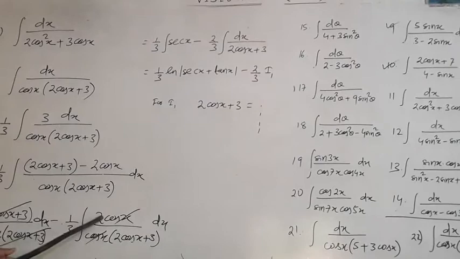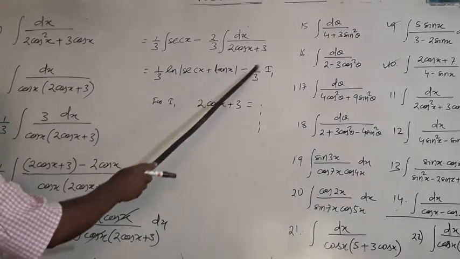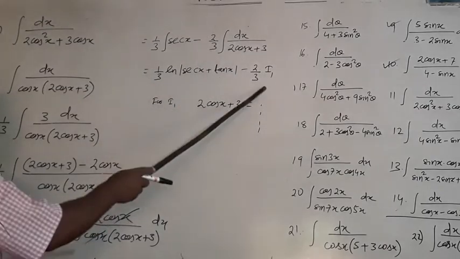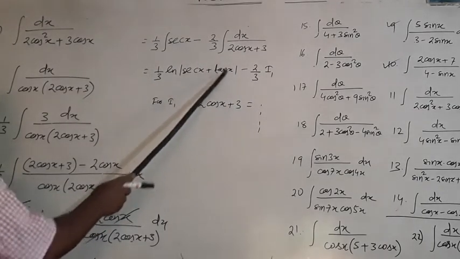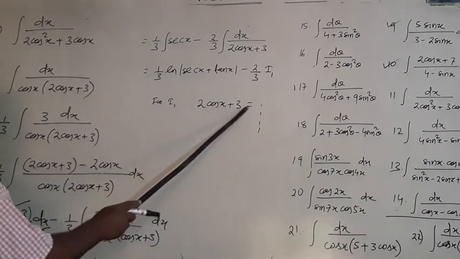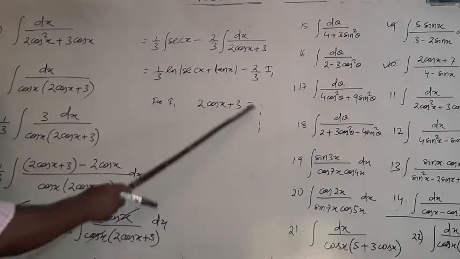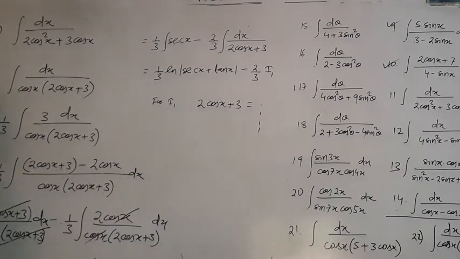And here 2/3 dx/(2 cos x + 3), like I1, you have to do this first by expanding 2 cos x + 3 applying the formula: cos x means (1 − tan²(x/2))/(1 + tan²(x/2)). Do this problem as I gave in numbers 1, 2, 3, 4, then you should proceed.